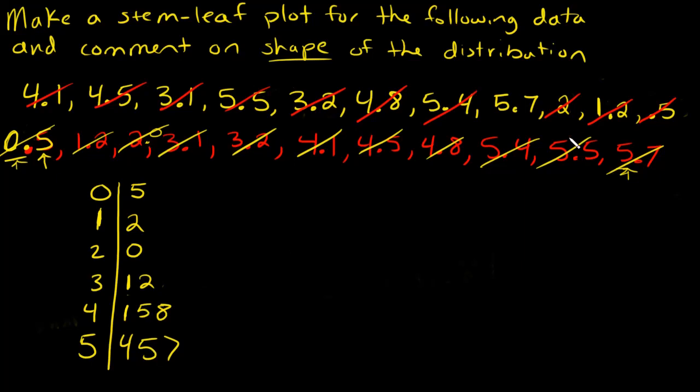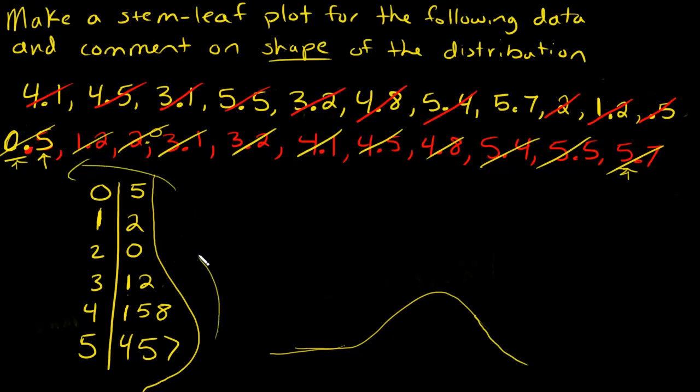So now let's comment on the shape of this distribution. So the shape is basically this guy. What I've done is I've kind of curved over the shape of this, and what you want to do is turn your head sideways, and you can see that this is like the same as this. So turn your head sideways to bring this down.